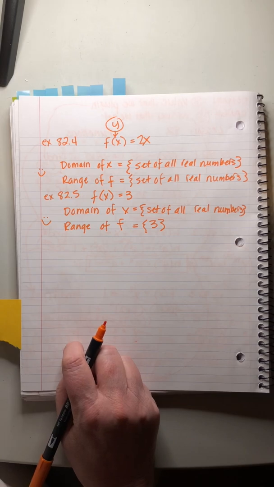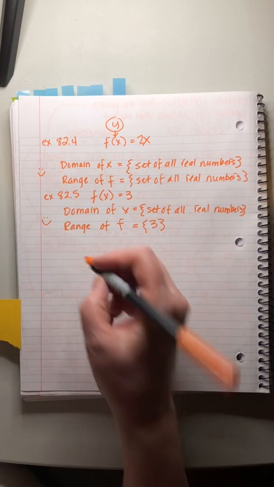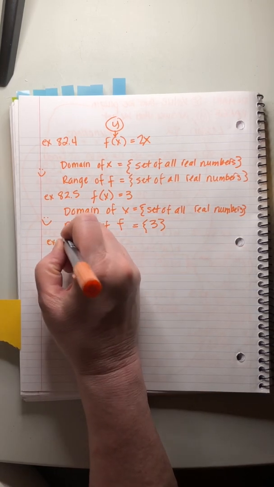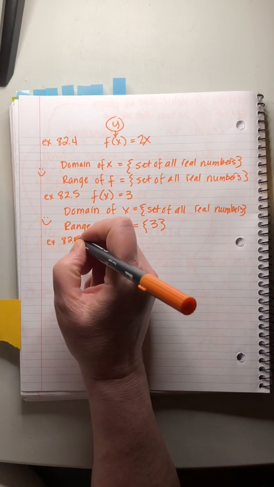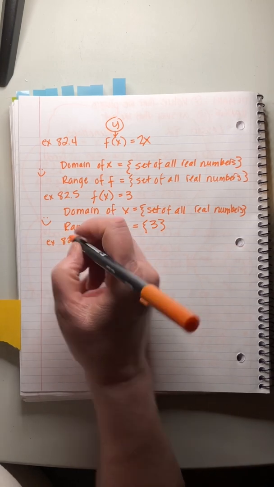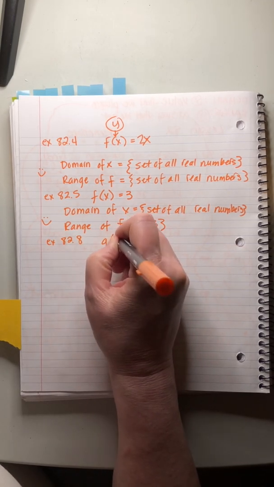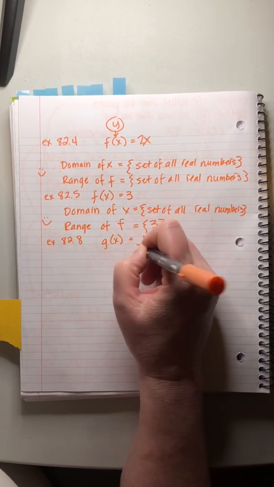All right. I'm going to skip around a little bit because I want to do one now that will help you see the exceptions better. This is 82.8, and this is the last one. Find the domain of the function g of x equals 1 over x.